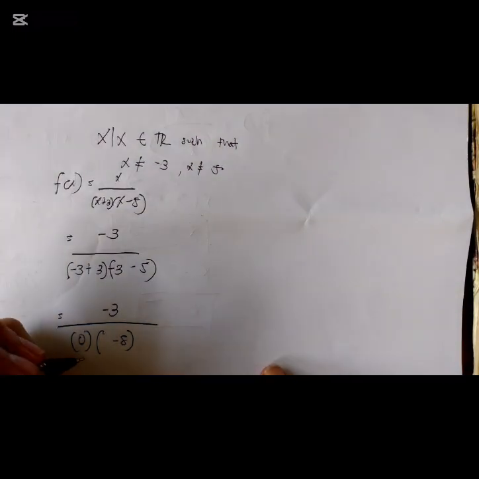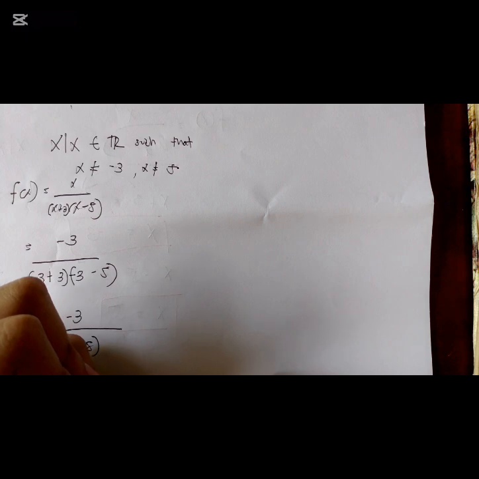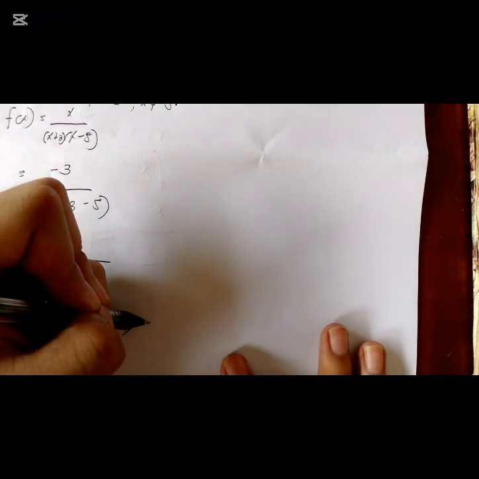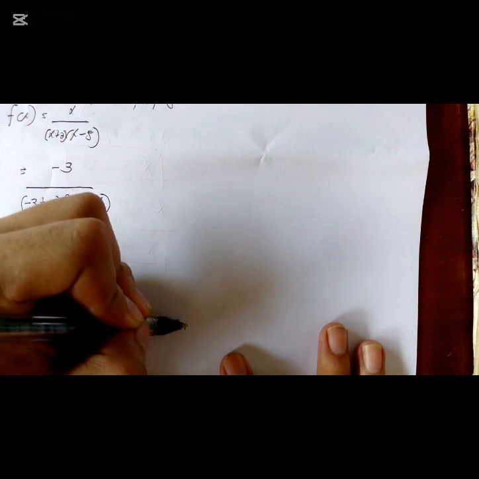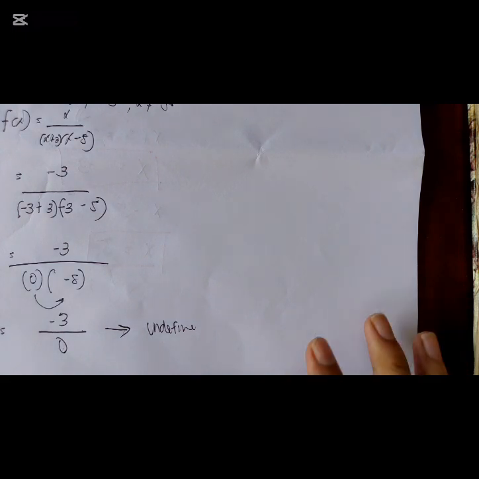If we multiply this, it becomes negative 3 over 0, and the answer is undefined. It is undefined because your denominator equals 0, and that's not a real number.